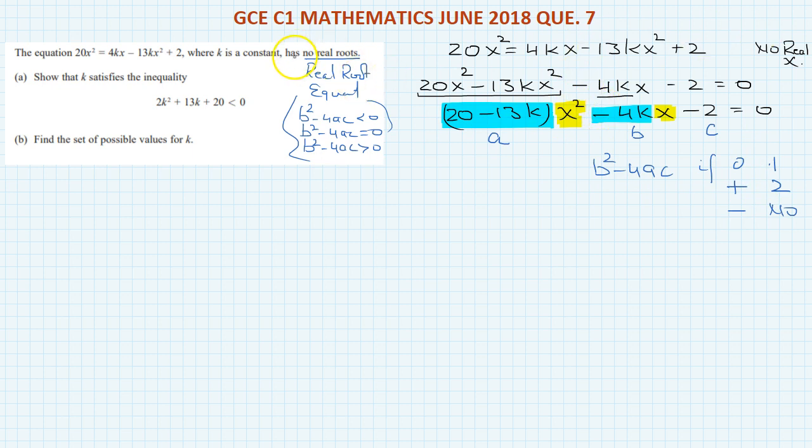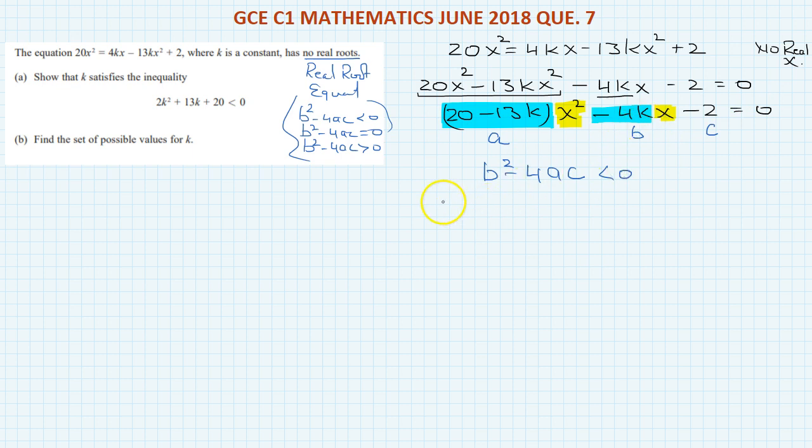Now here it is saying no real roots. It's saying no solution. It means b square minus 4ac is less than 0. That's how we write it mathematically. So for no solution, we are going to write b square minus 4ac is negative, so it's less than 0.